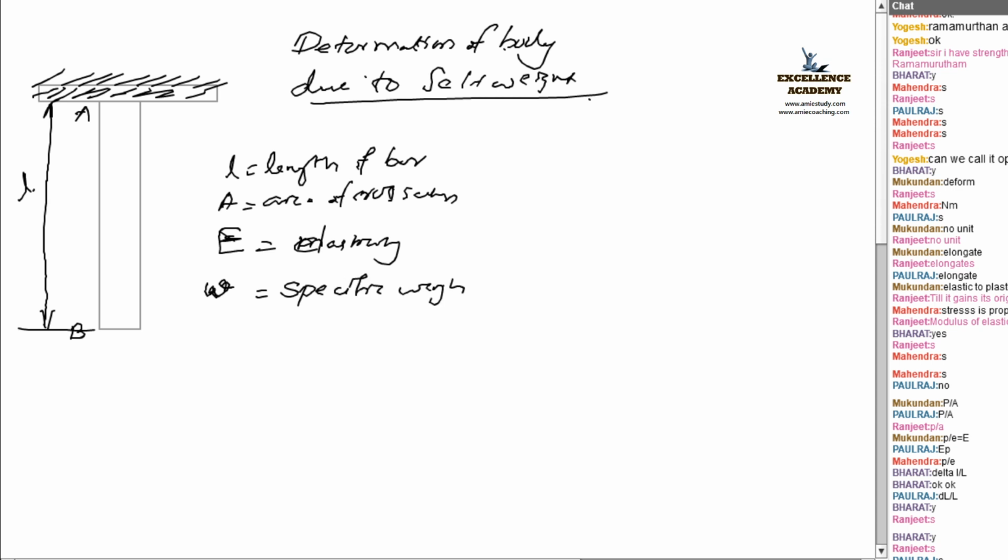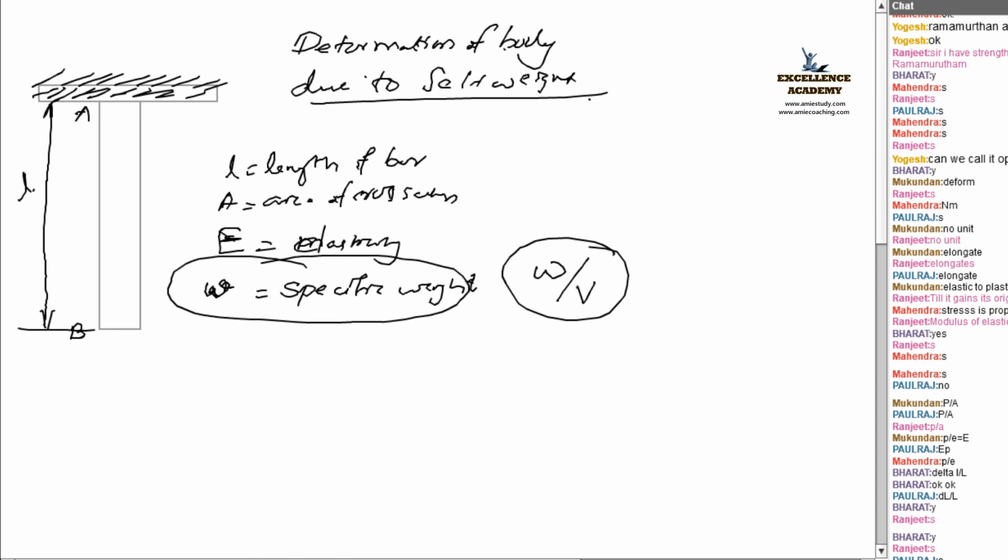What is meant by specific weight is weight of the material per volume. Weight of the material per volume is called the specific weight. Clear?